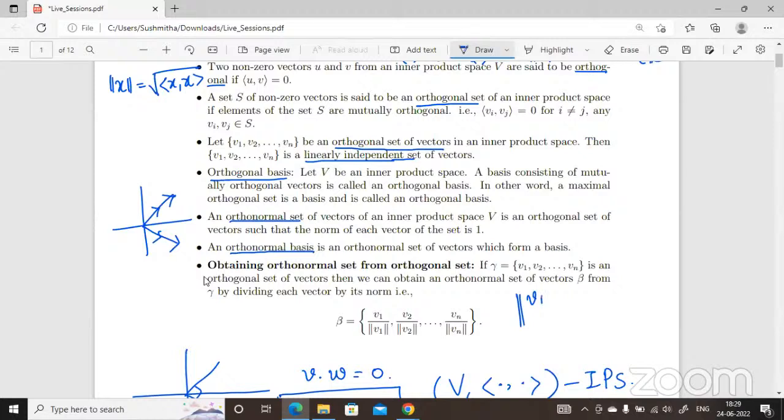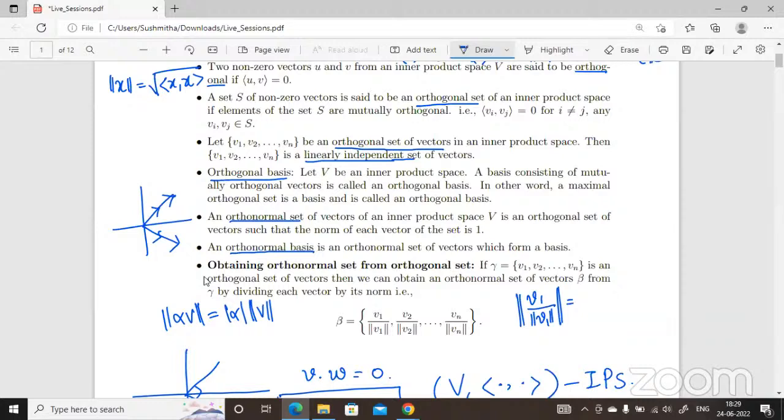What is the norm of V1 by norm V1? It is 1. Why is it equal to 1? Because when you have the norm of alpha V, it is mod alpha times norm V, a property of norm.